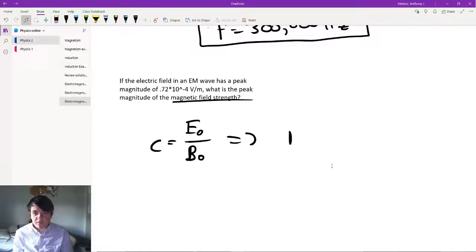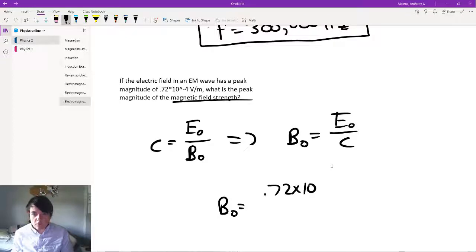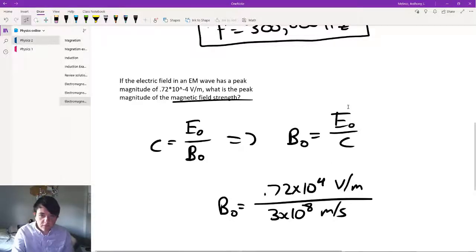So we're just going to move this over, and this turns into B naught equals E naught over C. If you want to go ahead and solve for this, B naught equals 0.72 times 10 to the minus 4 volt per meter, over 3 times 10 to the 8th meters per second.